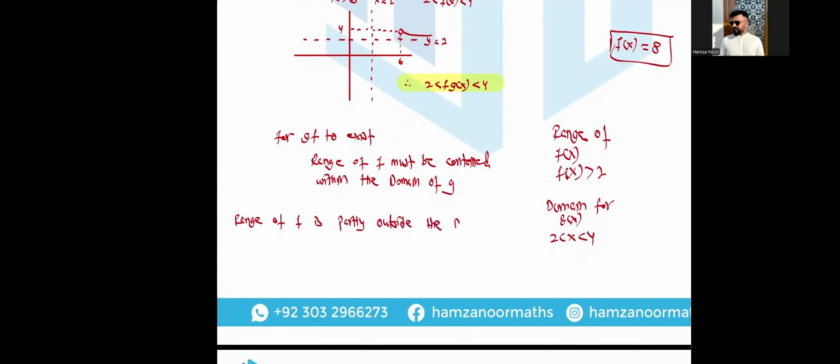Otherwise, you can also make an equivalent statement like this: the range of f is not contained completely within the domain of g. Or you can make any other equivalent statement over here. And for this reason, gf does not exist.